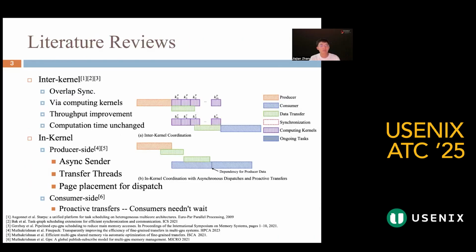Now, most current research is trying to hide the synchronization delays behind computation. Traditionally, this has been done by scheduling kernels. We run other computation kernels, K0, K1, to Kn, with data transfer kernels so that synchronization overhead is masked by other computations, which improves the throughput.